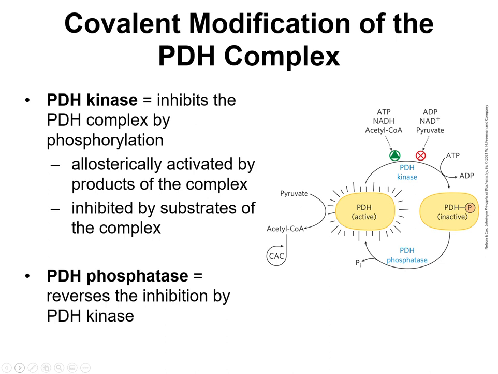So two regulators are going along for the ride, making it a lot easier and quicker to very quickly modulate the flux through the PDH complex. So the kinase inhibits PDH activity. So when it's phosphorylated, it's inactive. When that phosphoryl group is removed by the phosphatase, that reverses the inhibition.